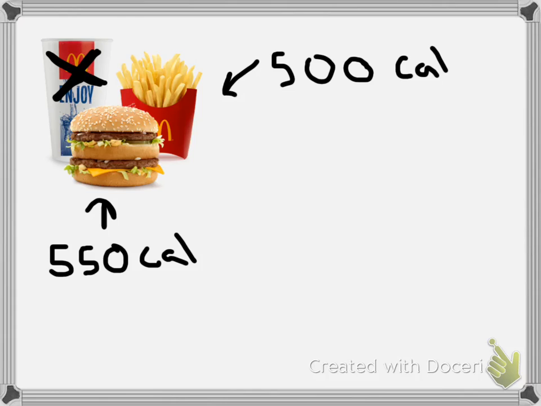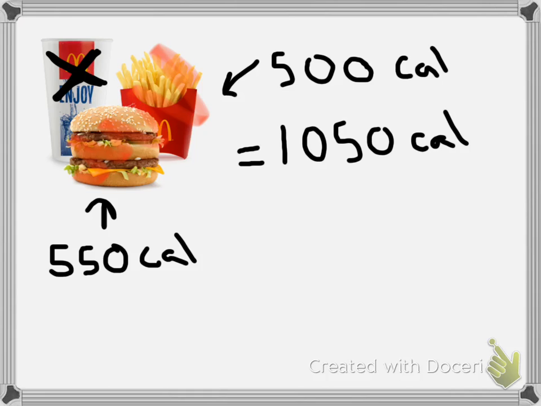So this is not an exaggeration. This is the total amount of calories you would take in if you were to go today and order this meal. So altogether, 500 plus 550 plus 0 calories from the Diet Coke is going to equal 1,050 calories. If I eat this meal, it's going to give me 1,050 units of energy.